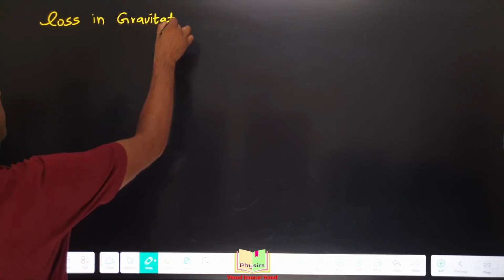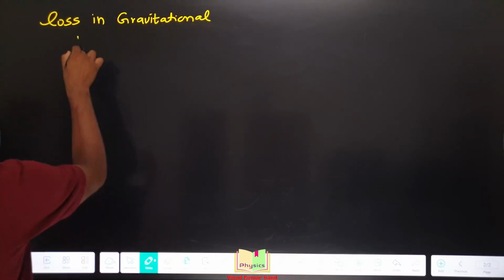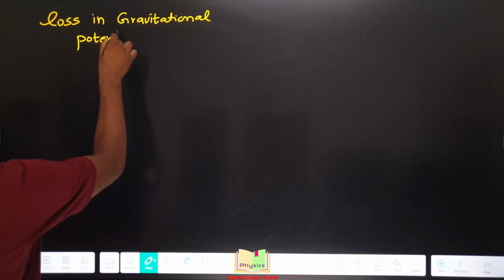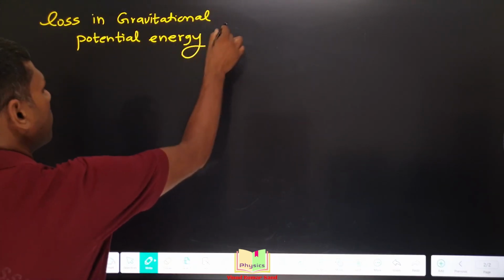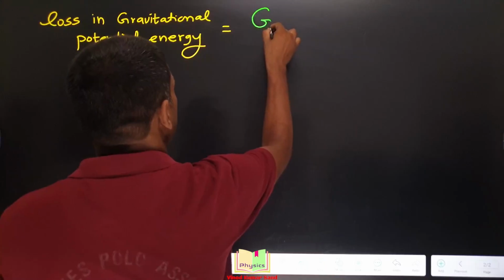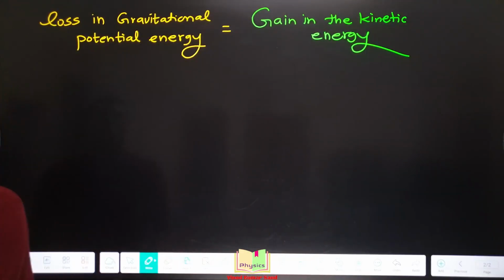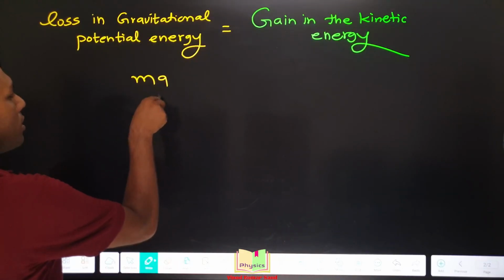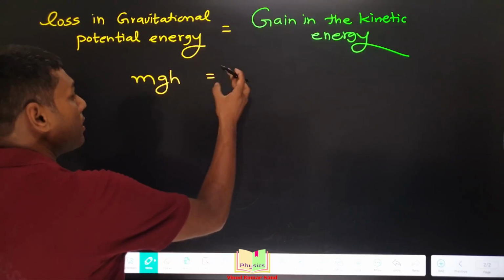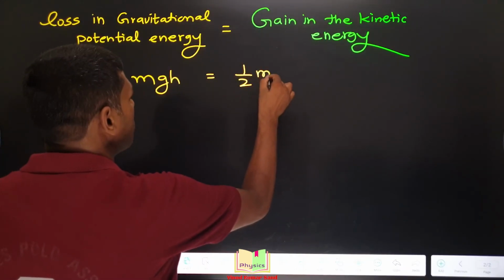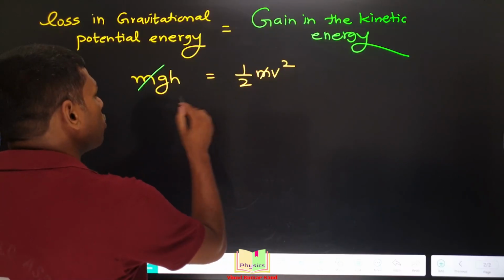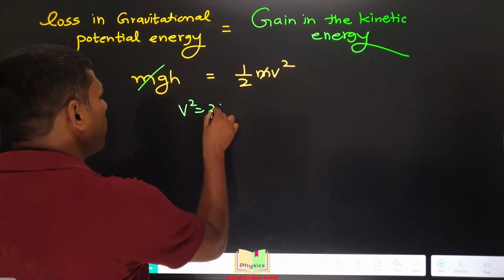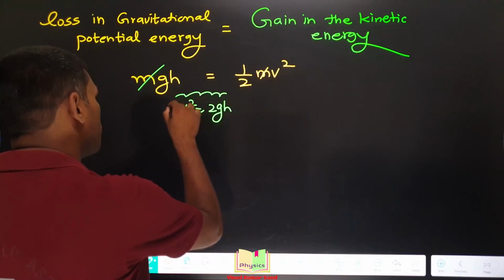The loss in gravitational potential energy is equal to the gain in kinetic energy. The loss is mgh, and the gain is half mv square. You can cancel out that m here. So we get v square is equal to 2gh.